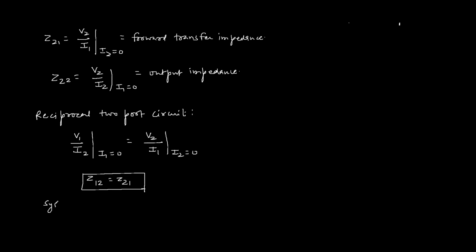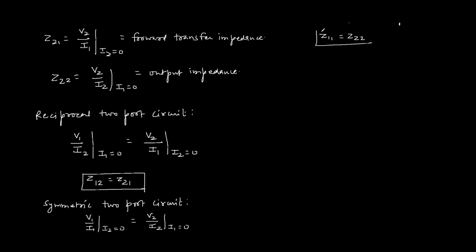Then we have symmetrical two port circuit. When V1 by I1 when I2 is 0 is equal to V2 by I2 when I1 is 0, or when Z11 is equal to Z22, then circuit is called symmetrical two port circuit.